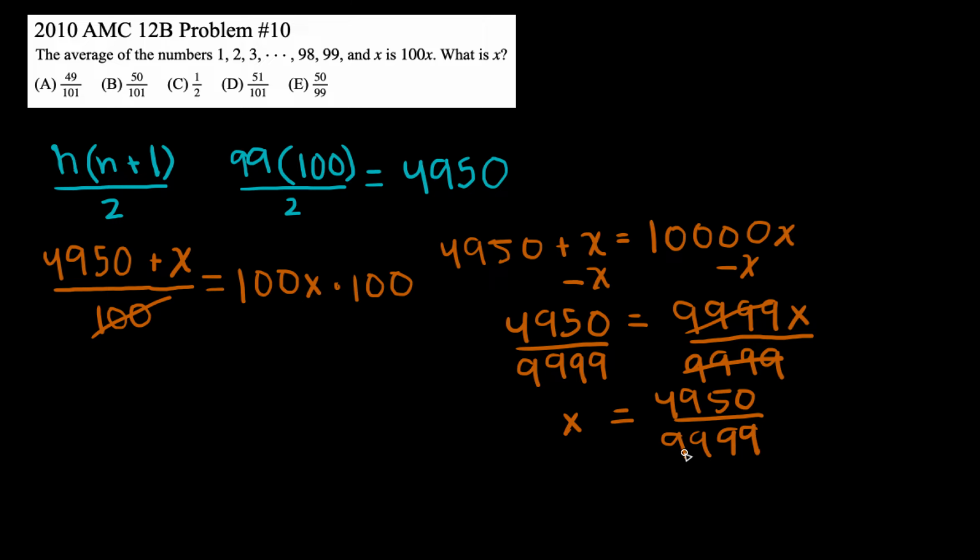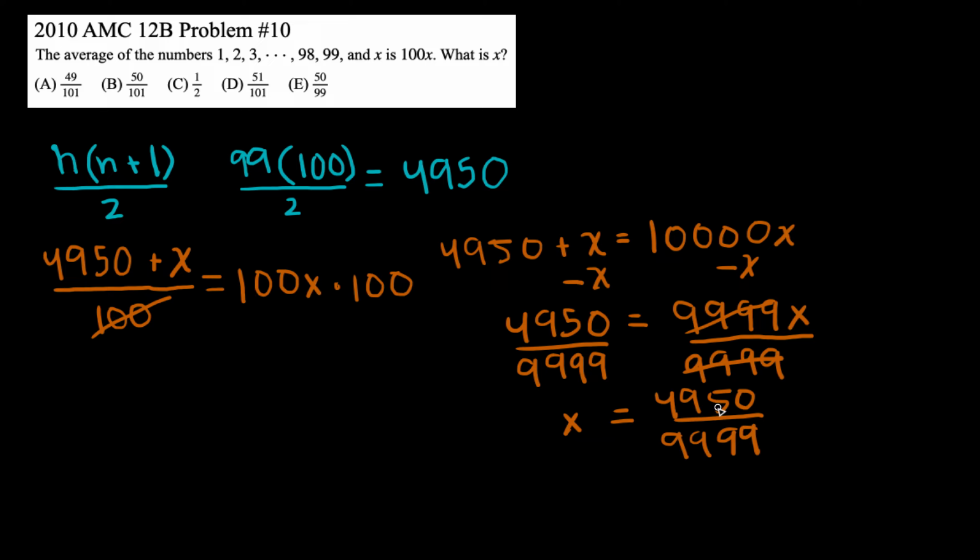Well, 9,999 looks very divisible by 9, and if you know your divisibility tricks, we can test for divisibility by 9 by seeing the sum of the digits. If you don't know that, it's okay, but I recommend you search it up. It's very useful in these cases when you're trying to simplify fractions.